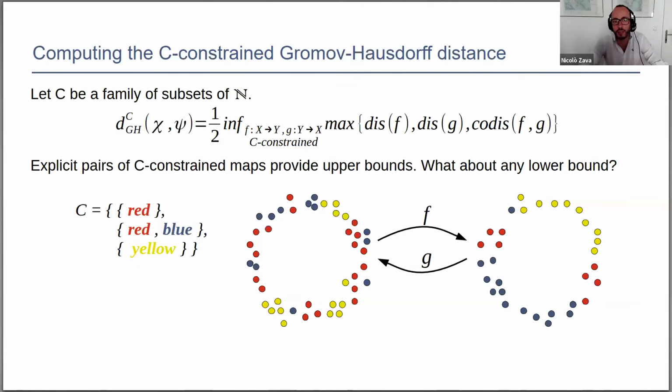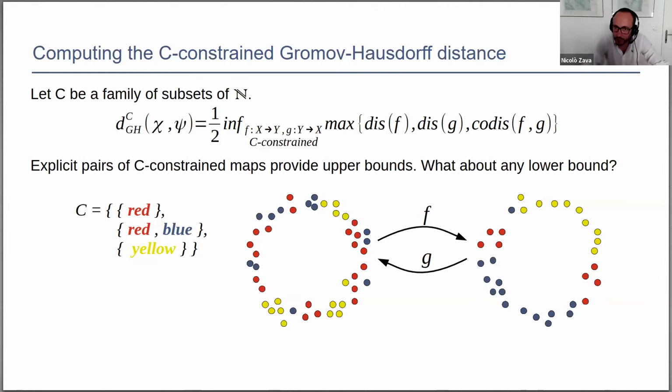Upper bounds for the C-constrained Gromov-Hausdorff distance: as soon as you find 2 maps, you immediately have upper bounds. They may not be the best possible choices of maps, but still they provide you an estimate of how big the C-constrained Gromov-Hausdorff distance can be.